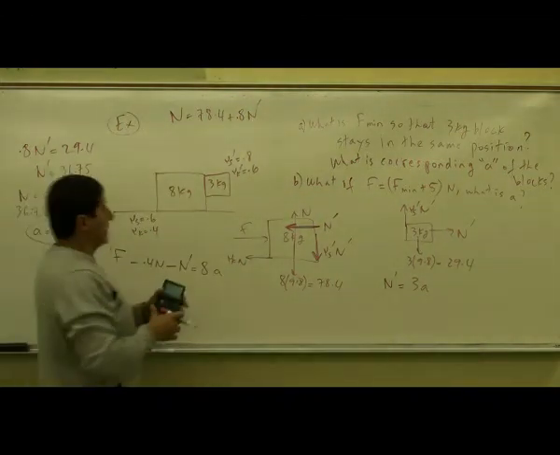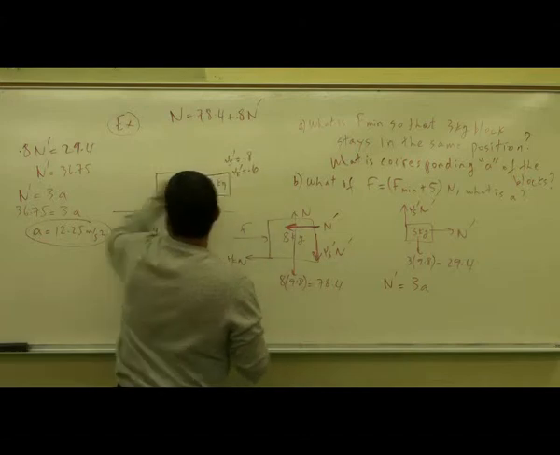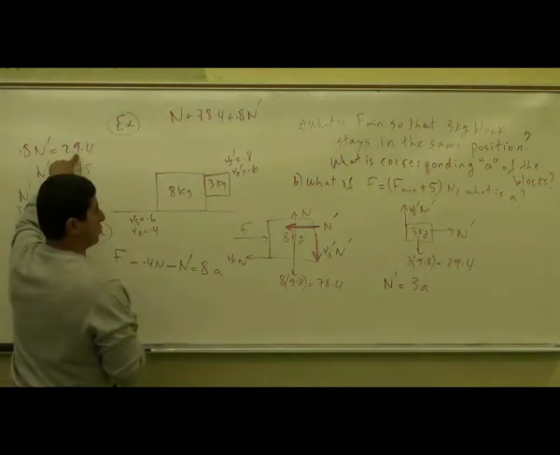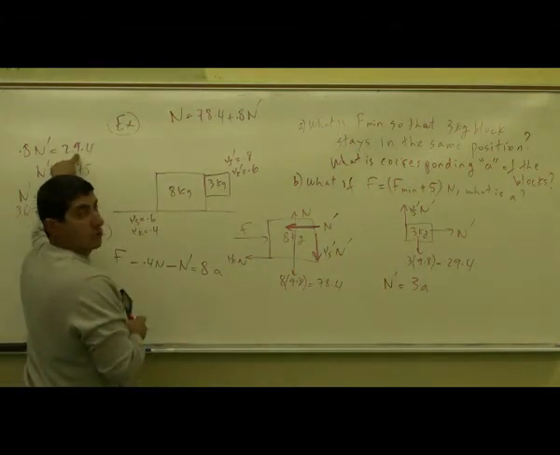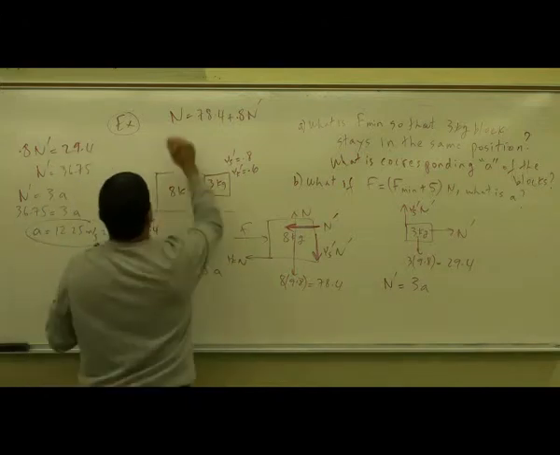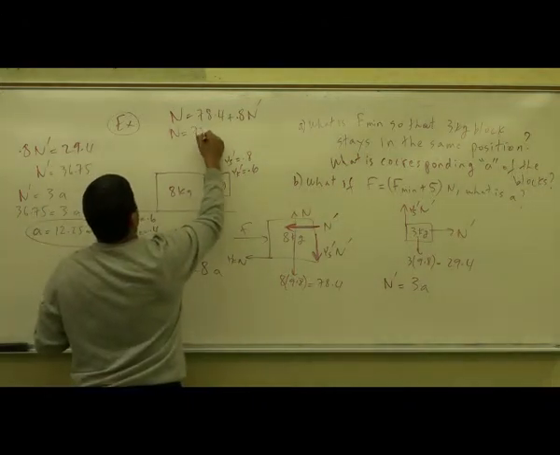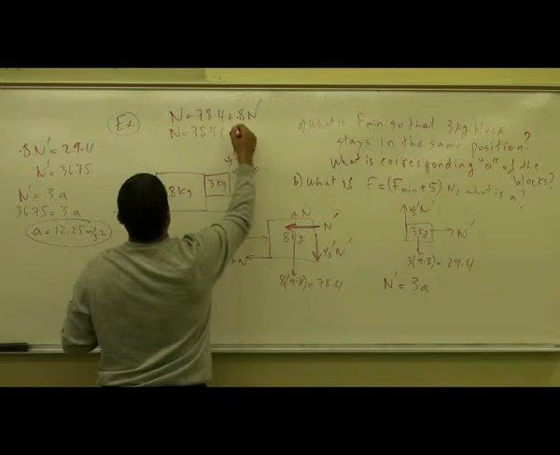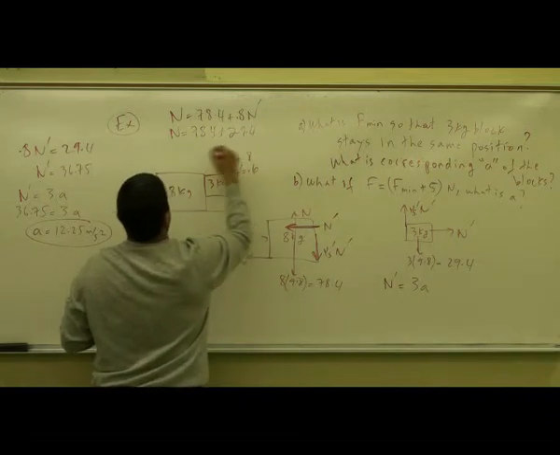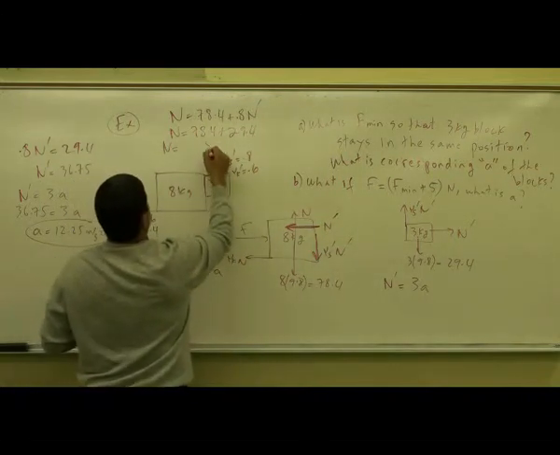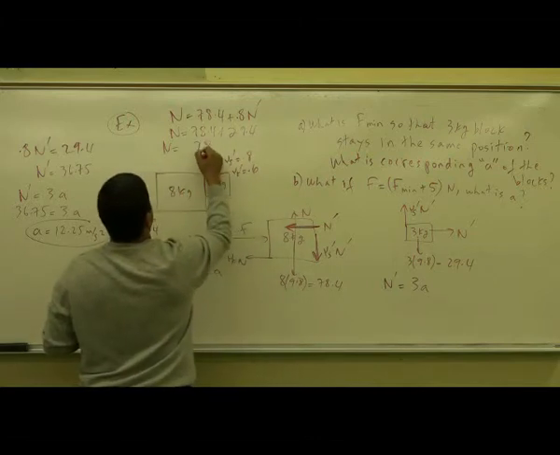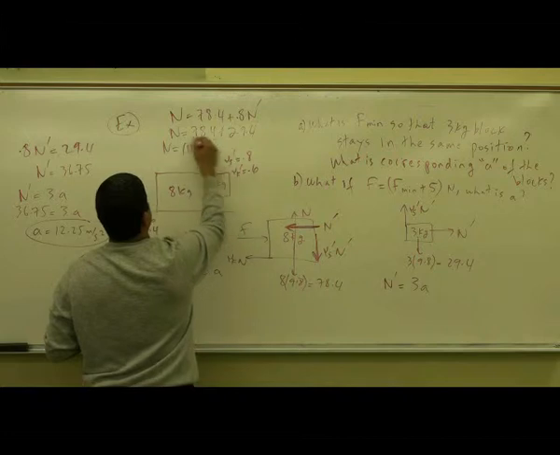But we already know 0.8 times N prime from here has to equal the weight of the 3 kilogram block, 29.4. So N is equal to 78.4 plus 29.4. That's going to be 107.8.